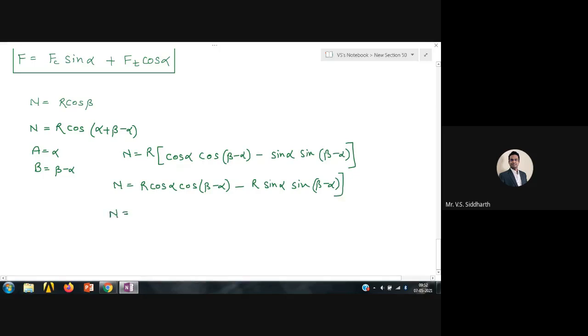I will rearrange the terms. R cos beta minus alpha cos alpha minus R sin beta minus alpha sin alpha. So R cos beta minus alpha will be what? Fc cos alpha minus Ft sin alpha. Clear?